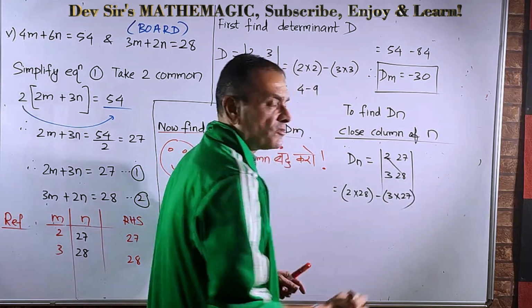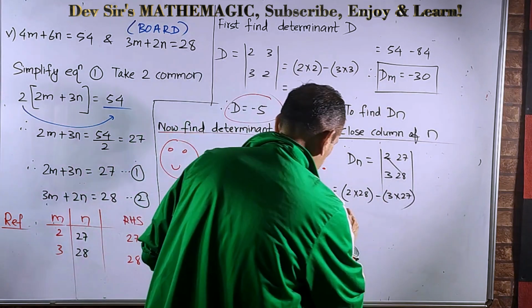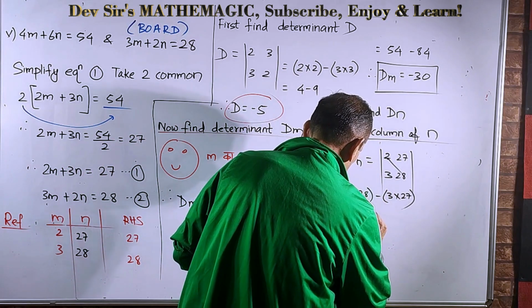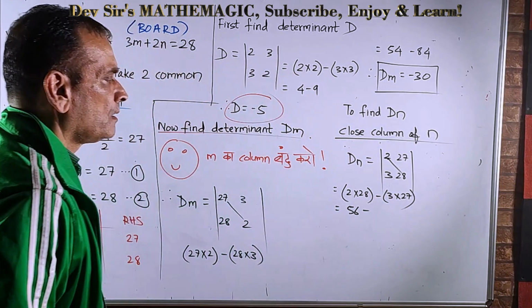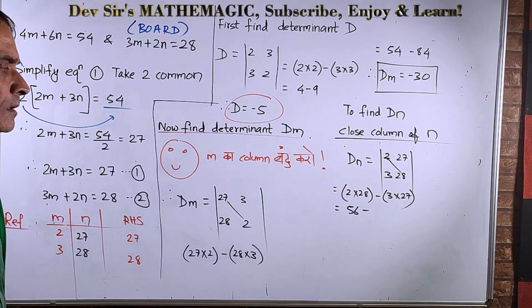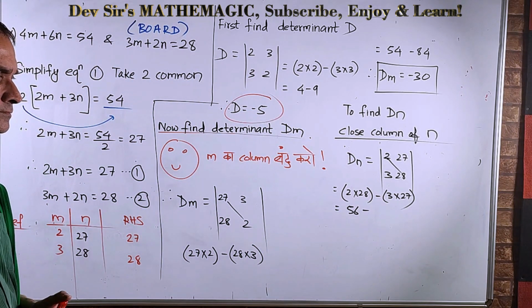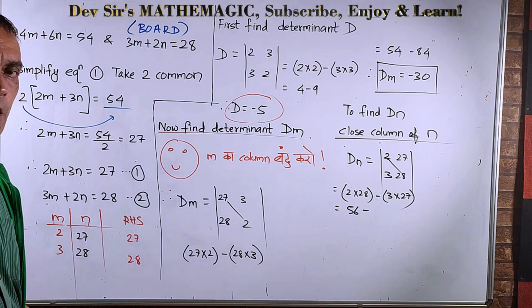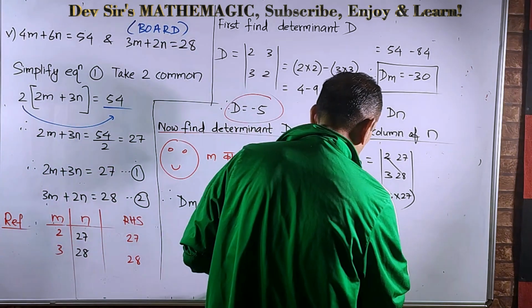Always multiply these two first. 27 into 3 is 81.